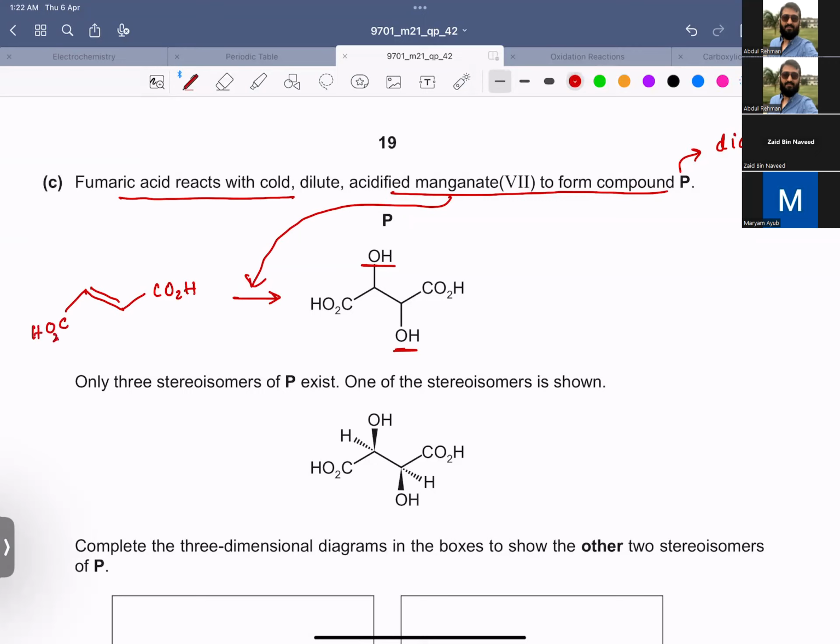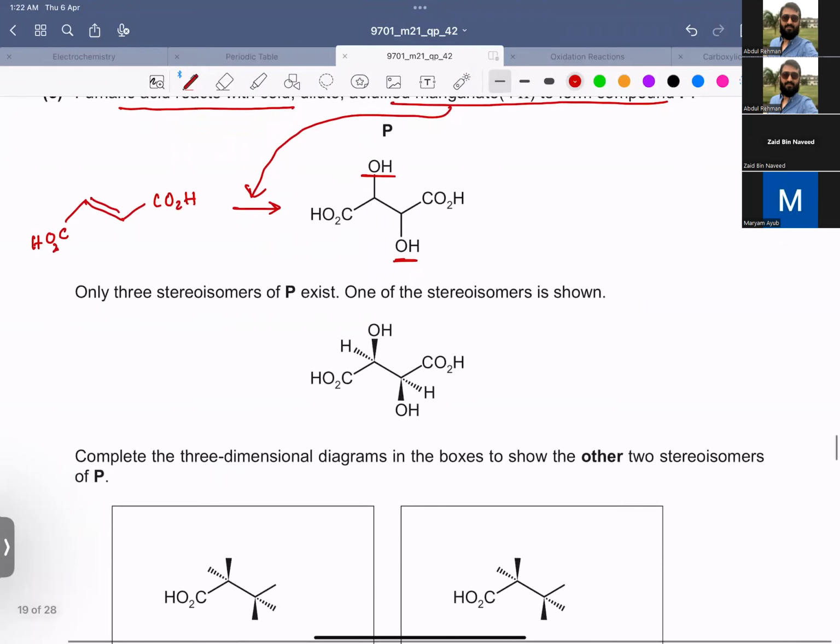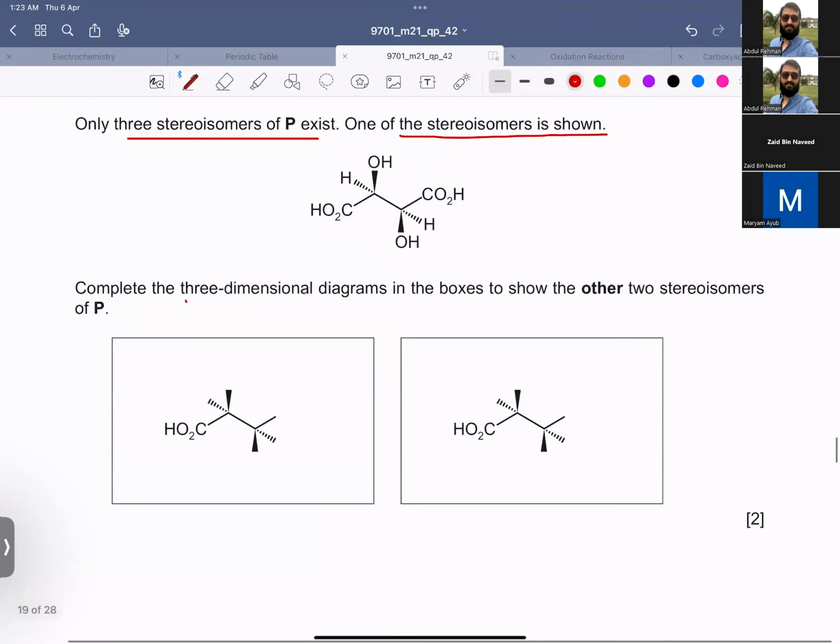So a diol is formed. Only 3 stereoisomers of P exist. Okay. And you see P has a chiral center. One of the stereoisomers is shown. Complete the 3-dimensional diagram in the boxes to show the other 2 stereoisomers.